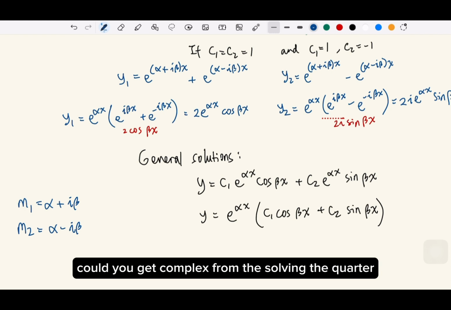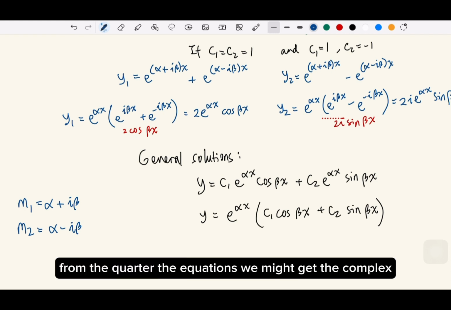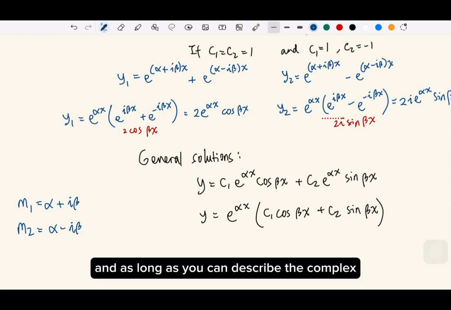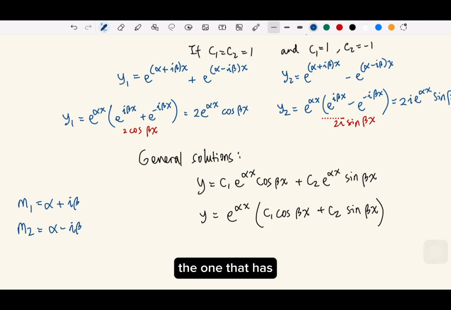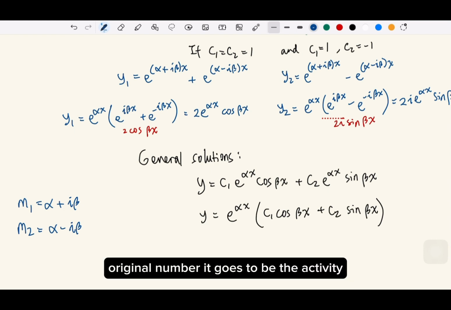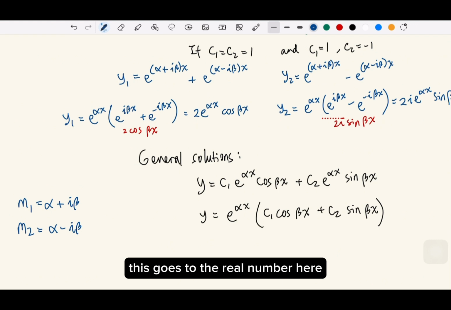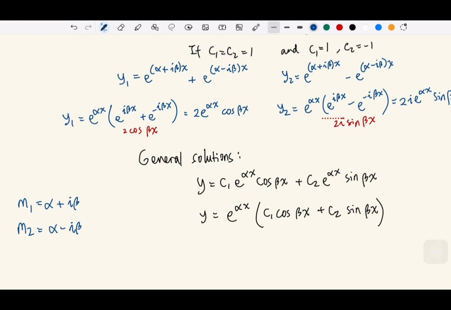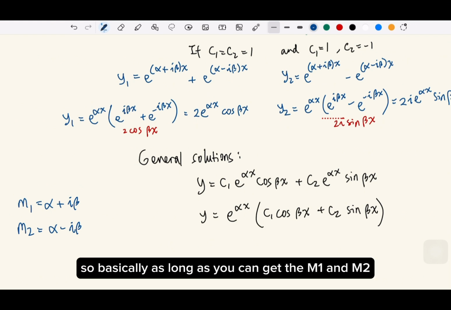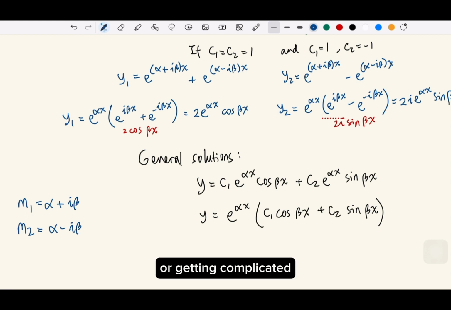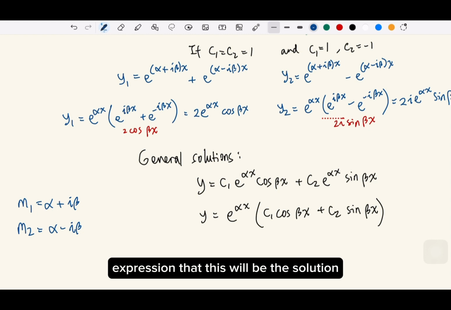From solving the quadratic equations, we might get complex roots. The one that has the imaginary number goes to the beta side, and the one that is real goes to the alpha. So as long as you can get m1 and m2, the conjugate, you can just put them into our expression here, and this will be the solution.